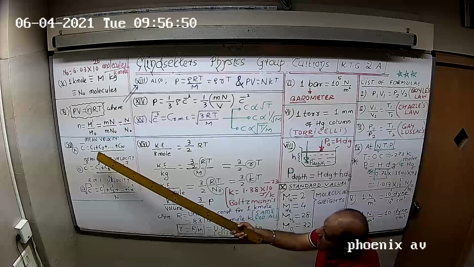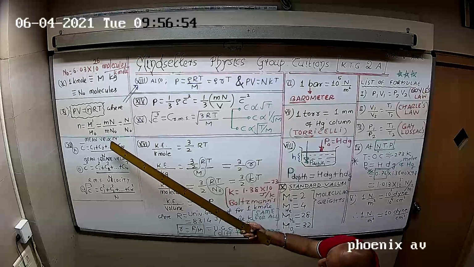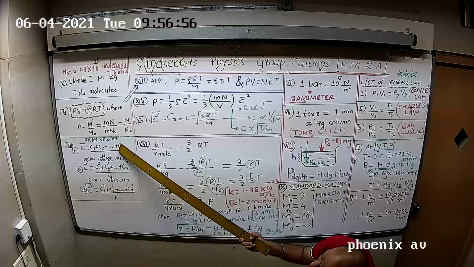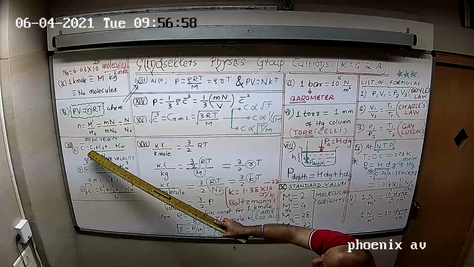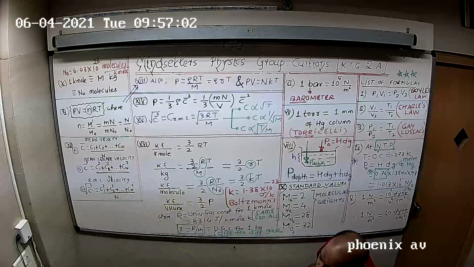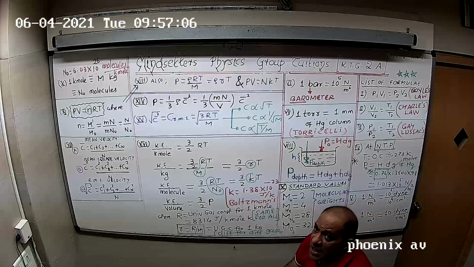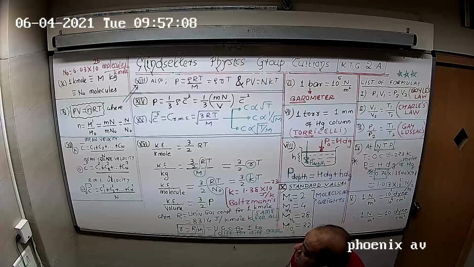Mean velocity is the average velocity of all the gas molecules. Now the problem with mean velocity is it might be zero. Suppose I have four molecules and their velocities are 1, 2, -1 and -2. Because you know that velocity is a vector and therefore it can be negative. So here the answer is 0.